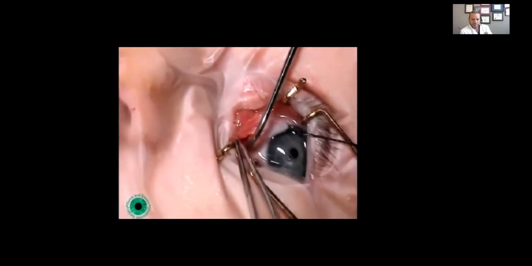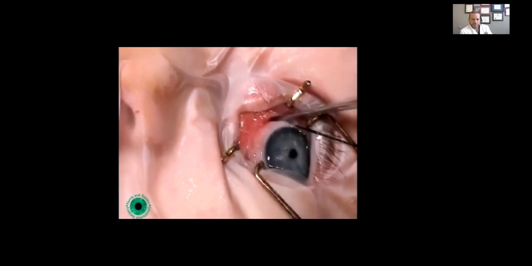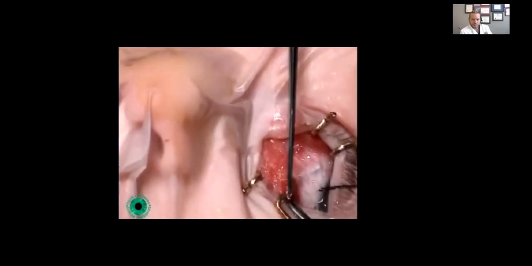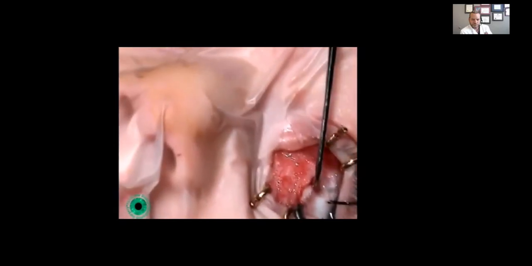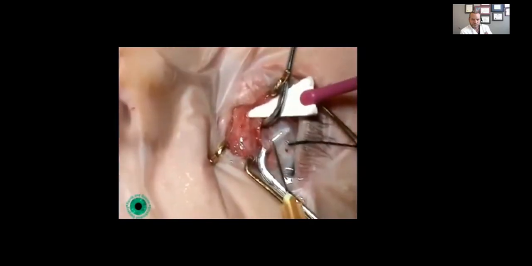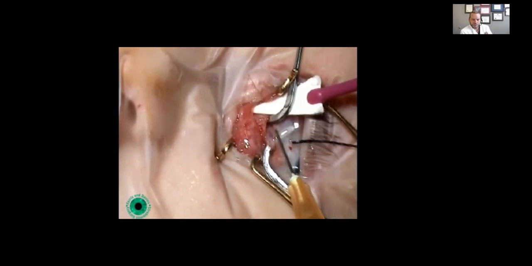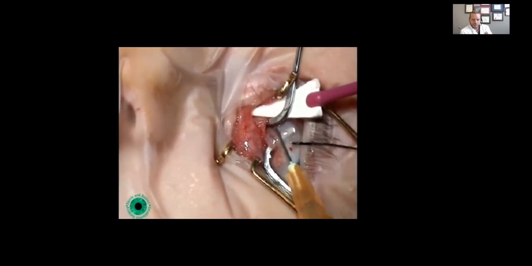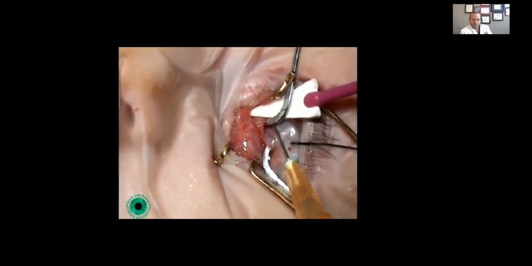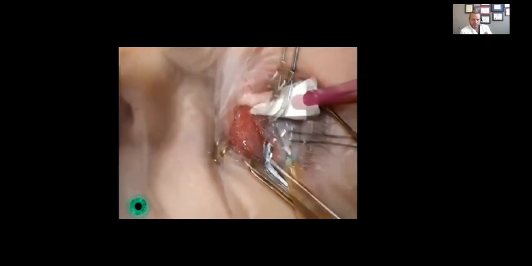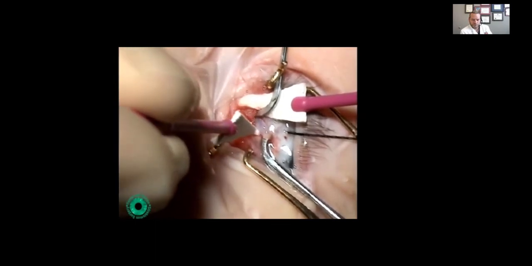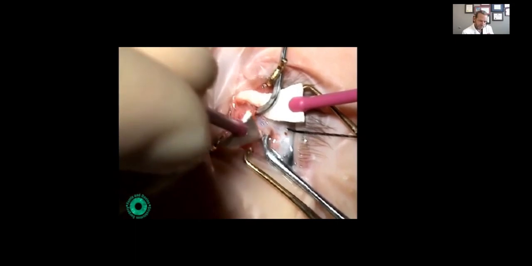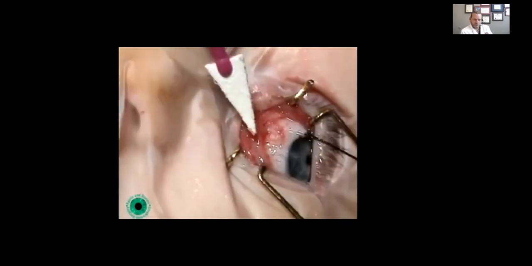A pocket is created, as shown, and the medial rectus insertion is engaged with a squint hook. A second squint hook is placed to expose the medial rectus tendon, and then 2.5 units of BOTOX in 0.1 mils of normal saline is slowly injected. By placing sponges as shown, inadvertent spread of the toxin to adjacent tissues such as the levator complex is minimized, so reducing the risk of a postoperative ptosis.